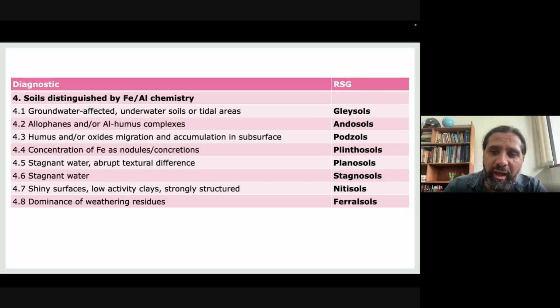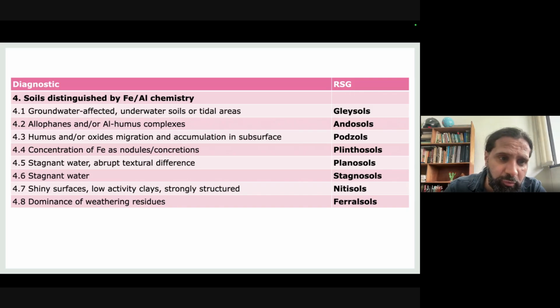We have the andosols, soils with andic properties that express low crystalline minerals such as allophane and or aluminum humus complexes. We have soils that express migration of organic matter and or aluminum iron oxides and a concentration then in the subsurface. We call them podzols.